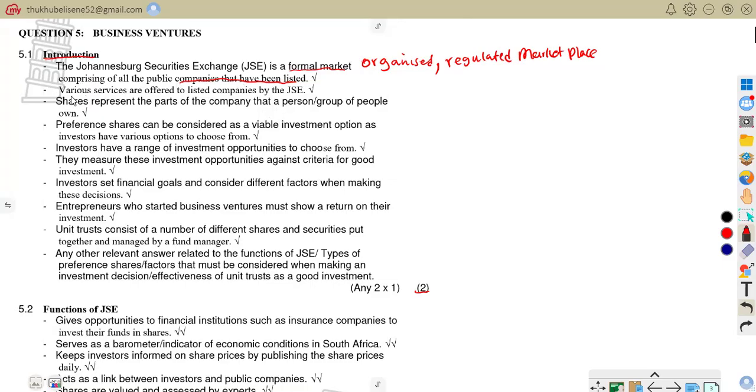That is, various services are offered to the listed companies by the JSE. This is where the JSE is going to provide companies with access to capital. Also, we can talk about trading platforms.